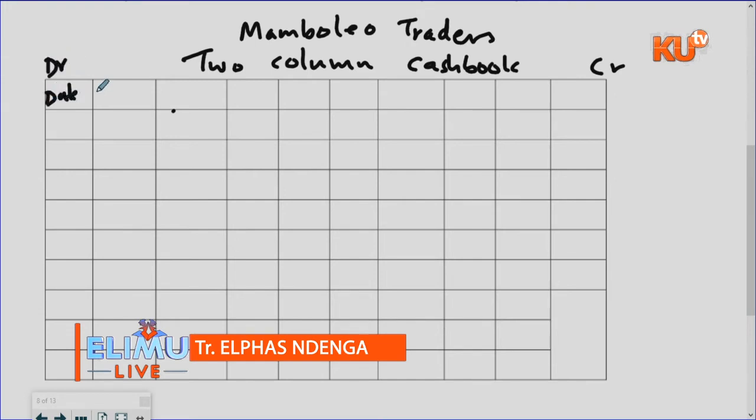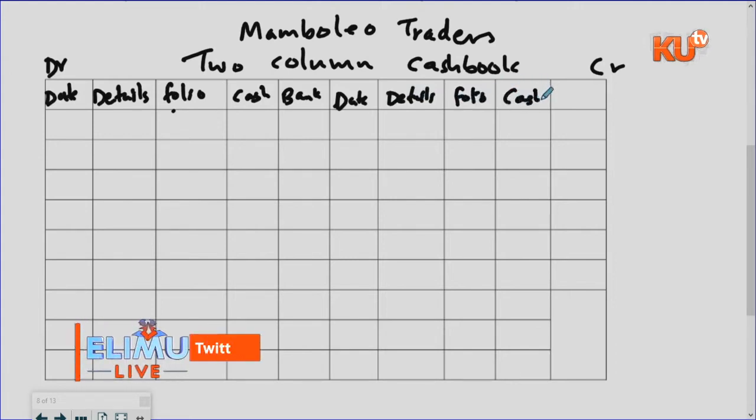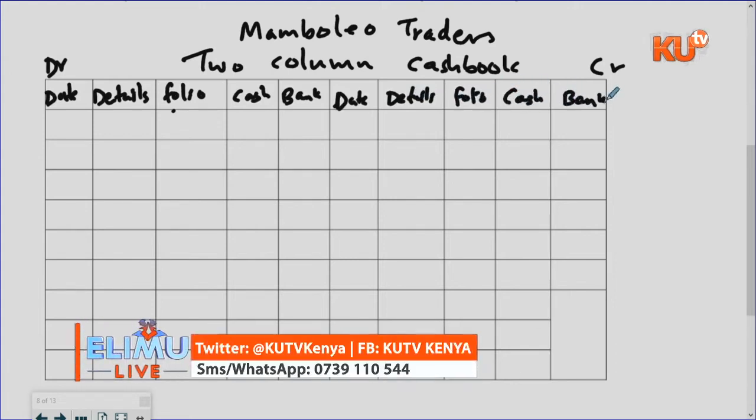Debit, details, folio, cash, bank. Debit, details, folio, cash, and bank. So that is what we have as our format. So let's look at each part, each statement.